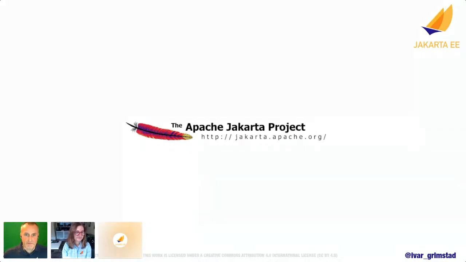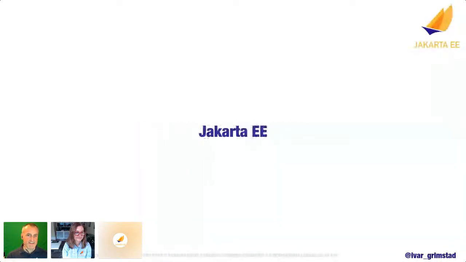And as you're probably familiar with the old Apache Jakarta project, which was the top-level Java project at the Apache Foundation. So we approached the Apache Software Foundation and asked if we can have that name, and they said yes. So from that, we got Jakarta, and we added the EE at the end. So that's Jakarta EE. So from the name to the code, all the way, it's open source. Yes, it is.